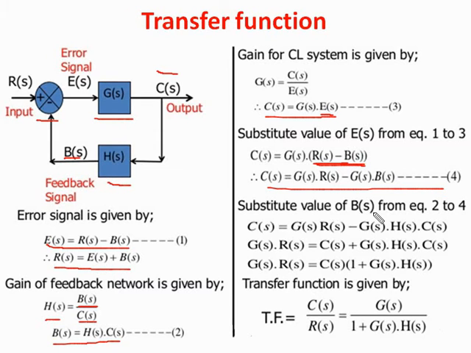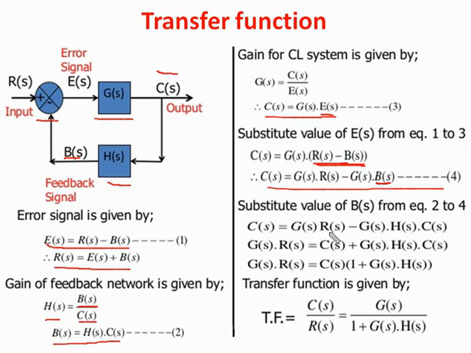Now substitute the value of B(s) from equation 2, B(s) equals H(s) C(s), into equation 4. So C(s) equals G(s) R(s) as it is, minus G(s) as it is, and B(s) is equal to H(s) times C(s).